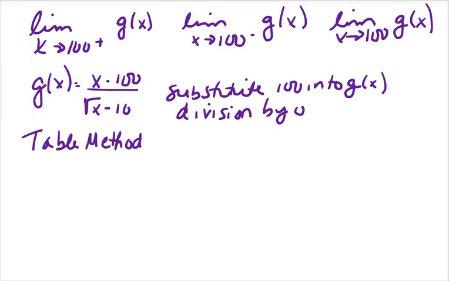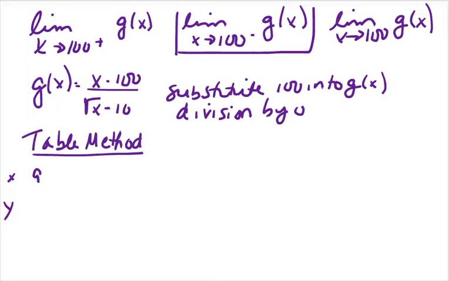So we're going to build a table of x's and y's, and I'm going to first look at approaching 100 from the left.